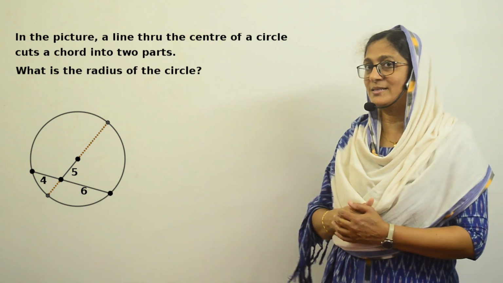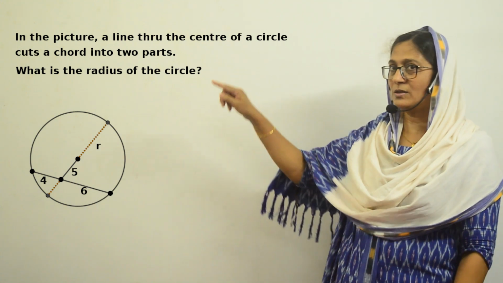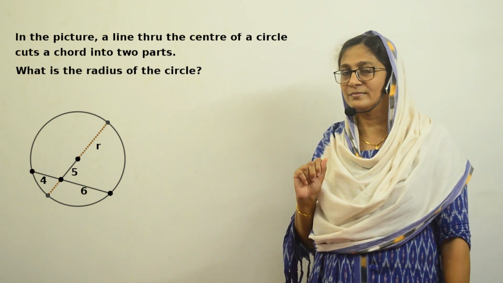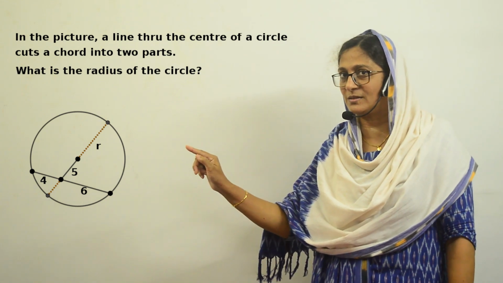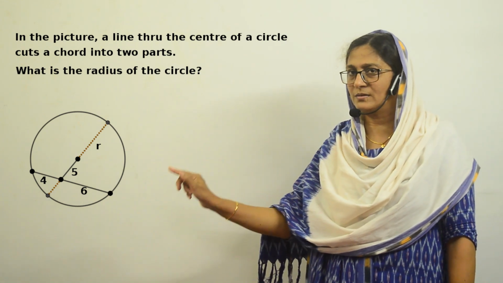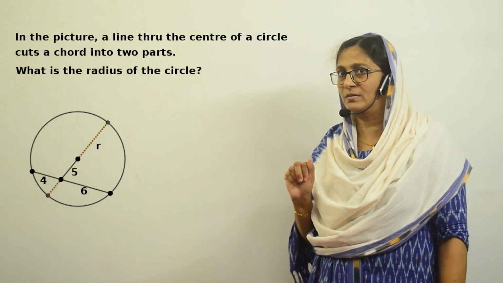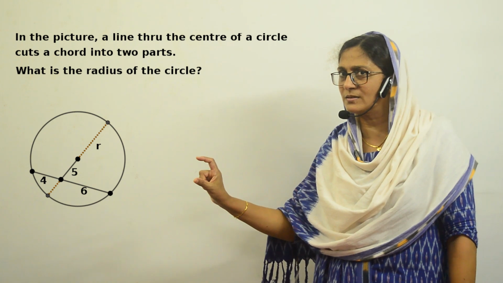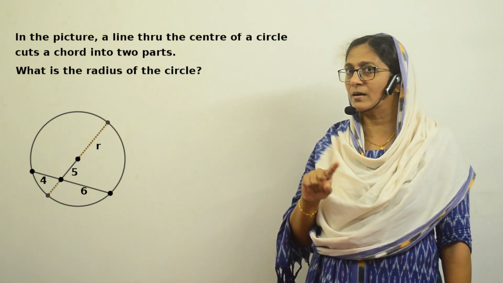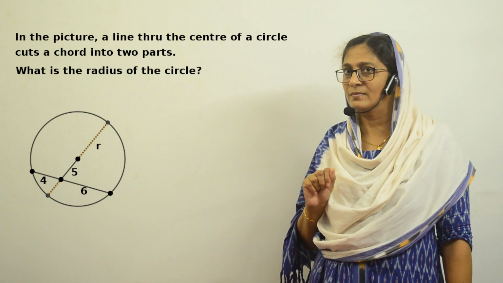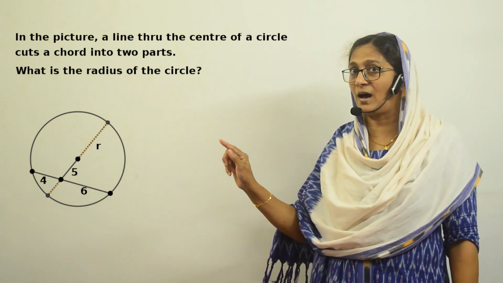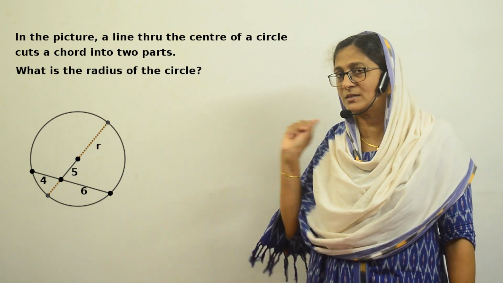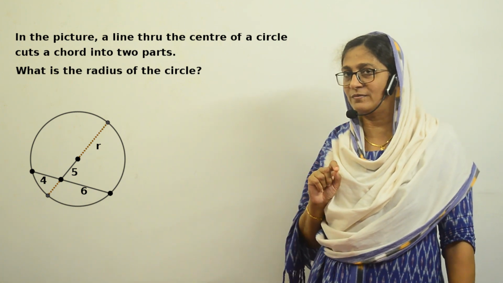So I just name it R. So the radius on top of the 5 centimeters is R, and we have a small part that is below the chord. That small part will be R minus 5, because we know the radius is R and there is a small part 5. So the other small part will be R minus 5.